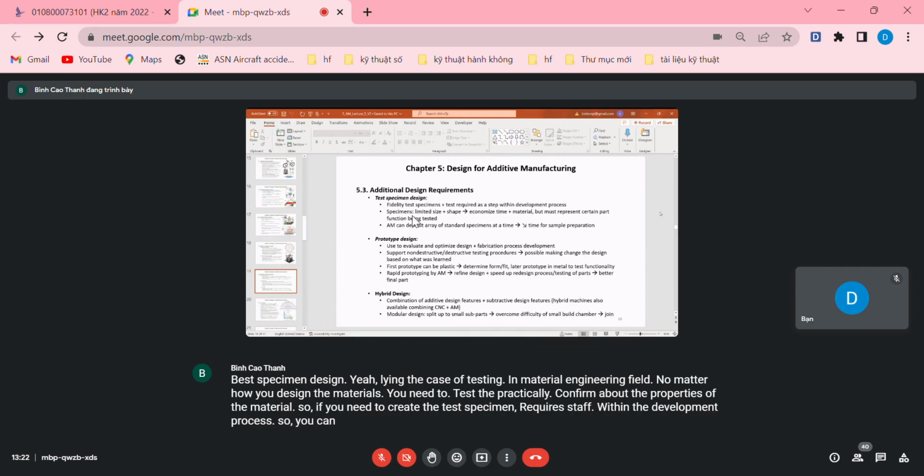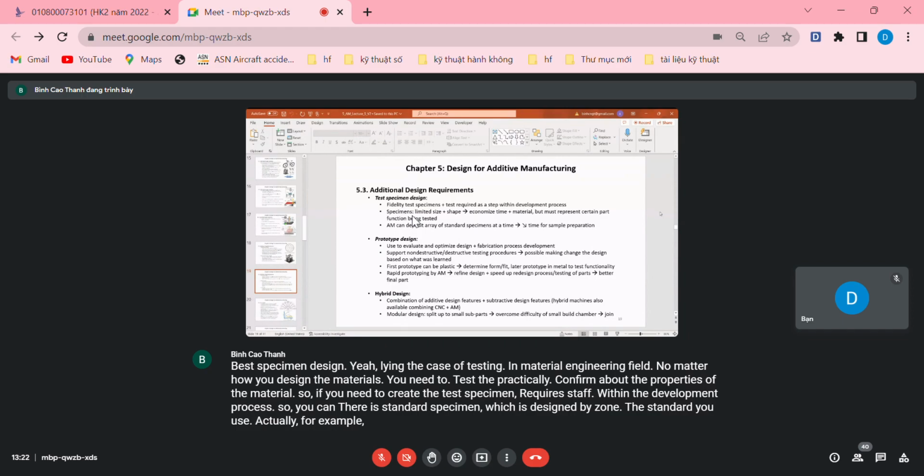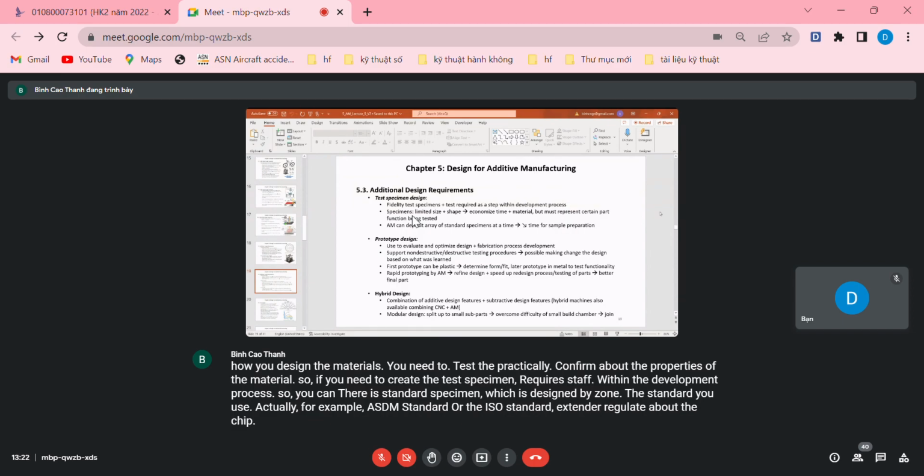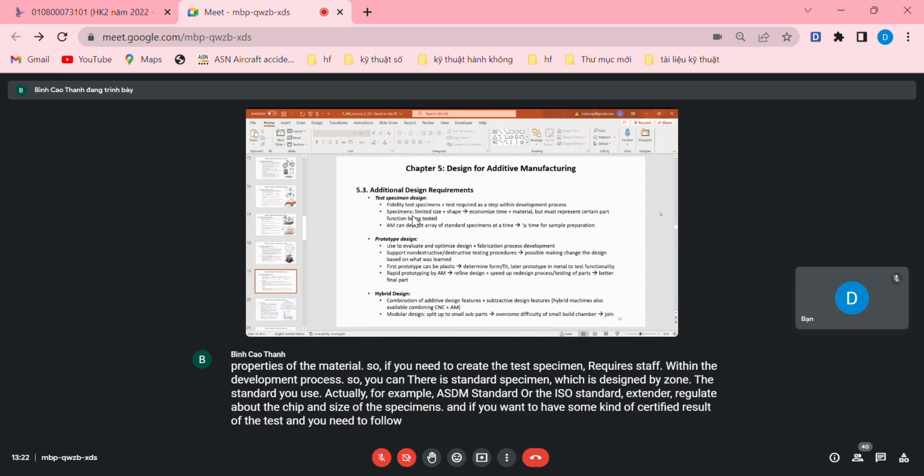There is a standard specimen which is designed based on the standard you use, for example the ASTM standard or the ISO standard, which regulate the shape and size of the specimens. And if you want to have some kind of certified test result, you need to follow the instructions of the test based on a certain standard.